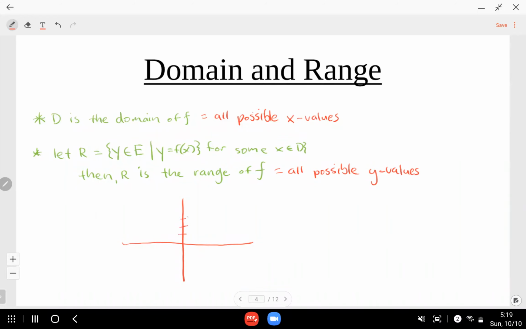So let's say we have our function F here. Don't mind the bad graph. This is a very easy exercise. I'm just testing if you understand what domain and range are. You should get this if you understand what I've been teaching so far, if you have been listening.